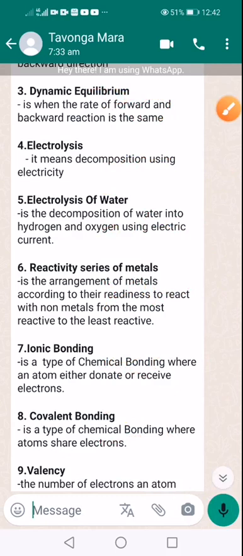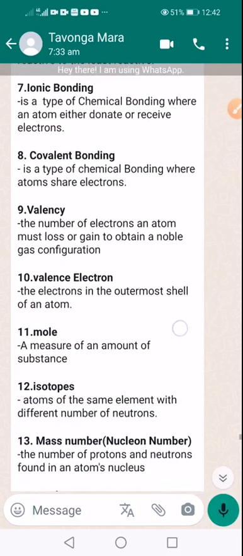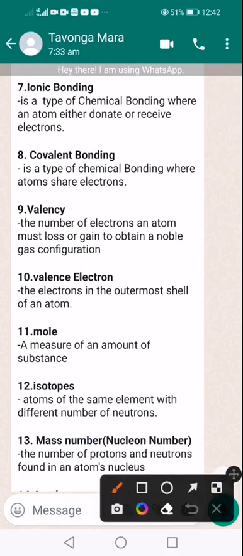Right? Then we move on and talk about ionic bonding. What is ionic bonding? Ionic bonding is a type of chemical bonding where an atom either donates or receives electrons, which means in chemical bonding, when one atom is donating, another atom is receiving.